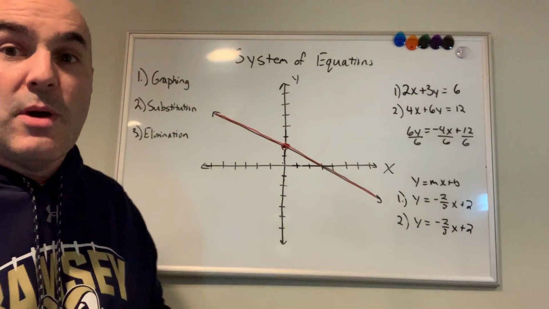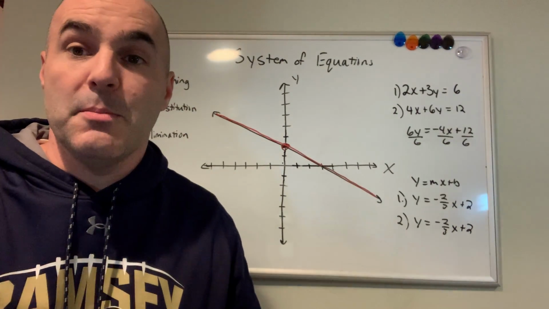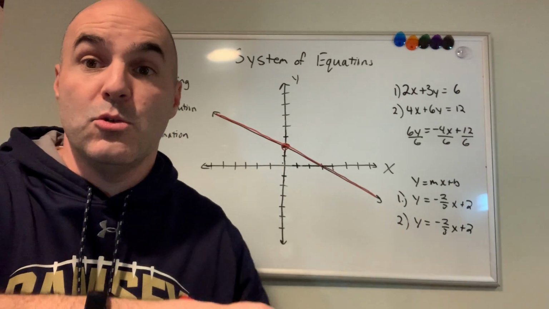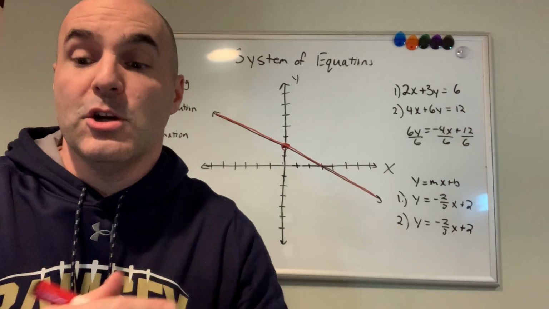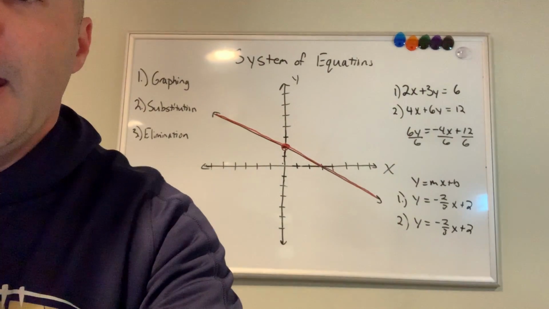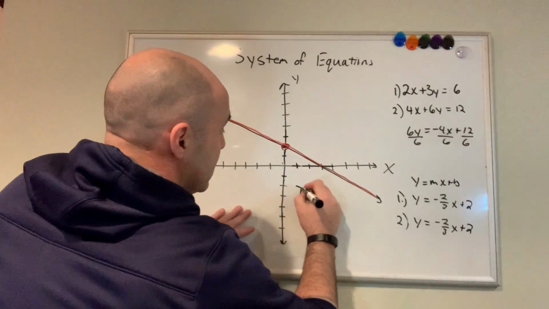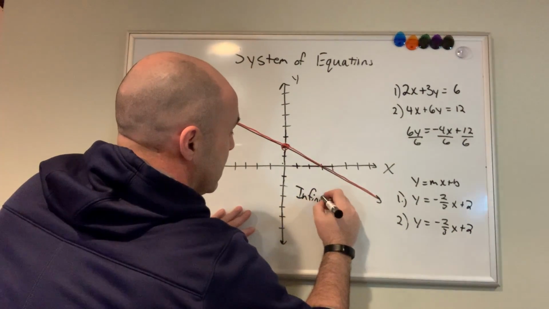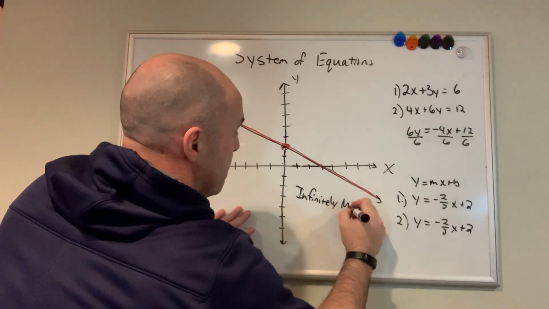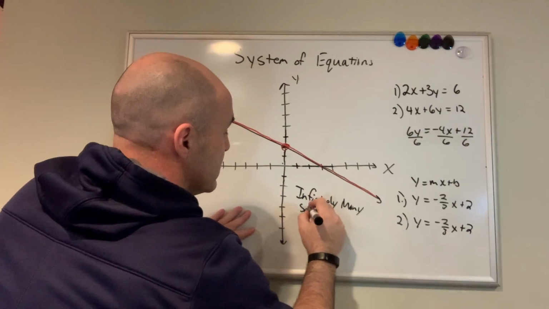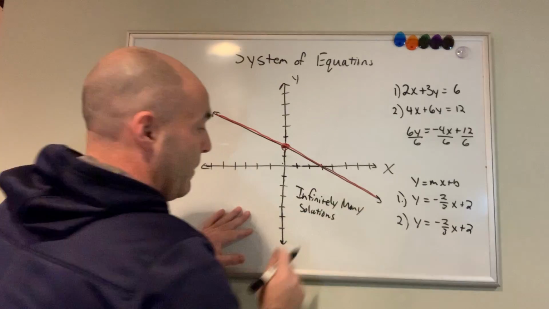So when you have a line that represents an infinite number of solutions to one equation, and you graph a line on top of that, you're going to have infinitely many solutions in common.